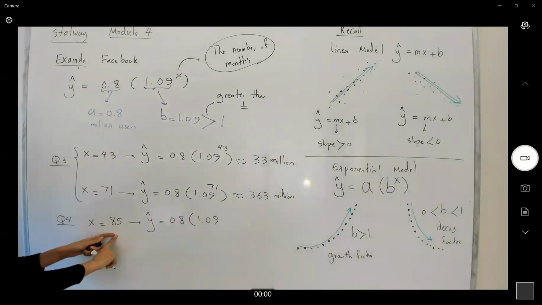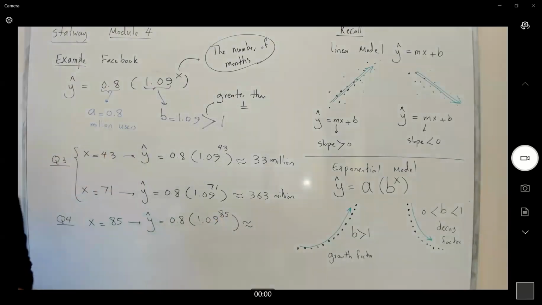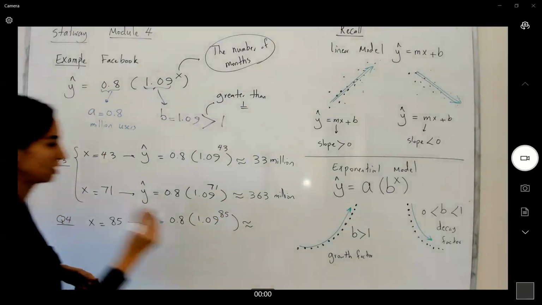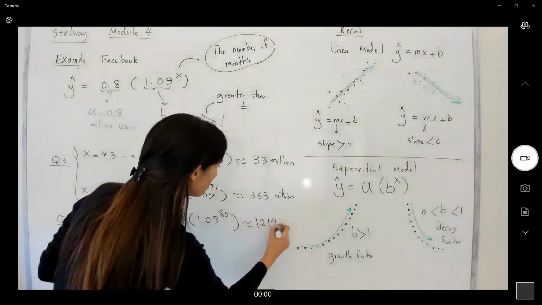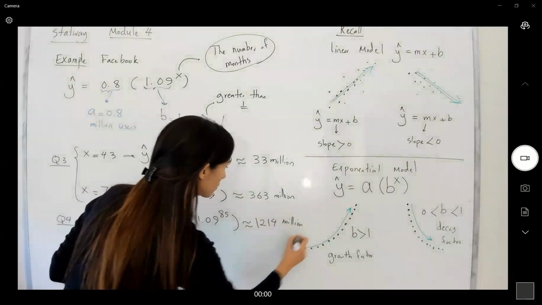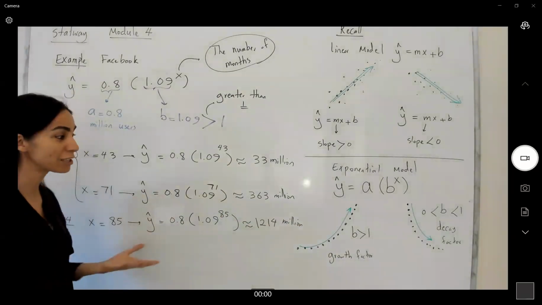Now it is raised to a new exponent, 85, which is roughly, what do you have? 1,214 million, or 1.2 billion users. That's huge.